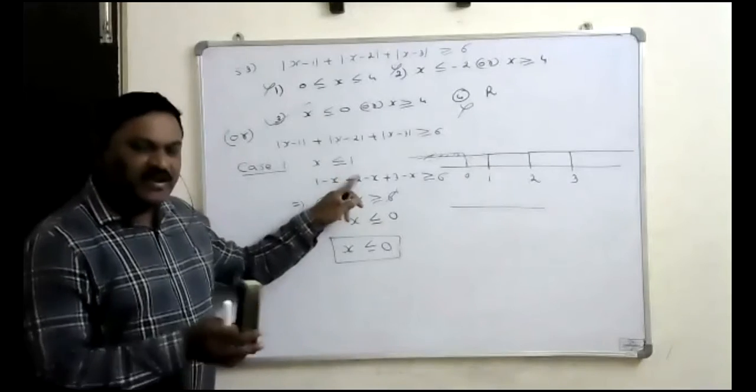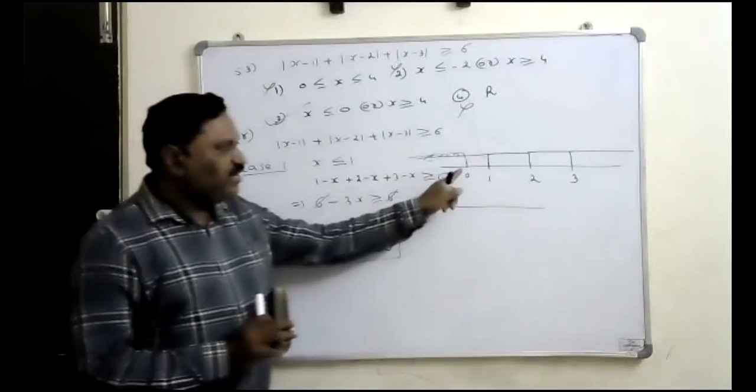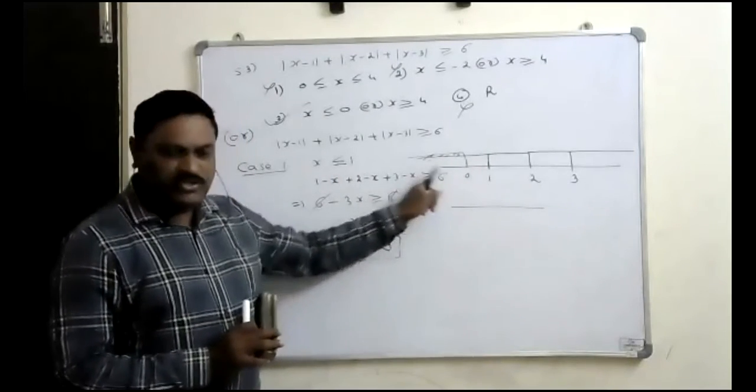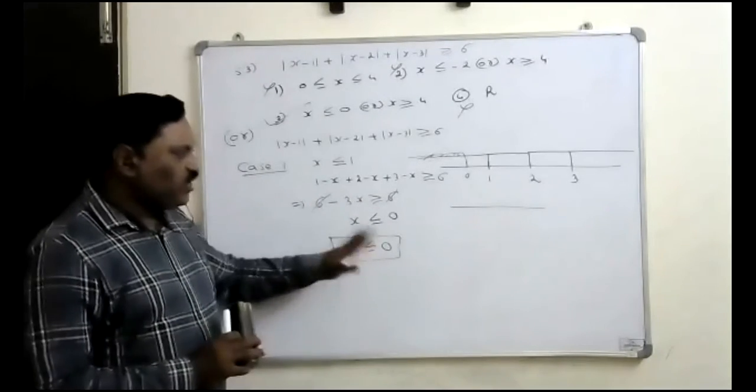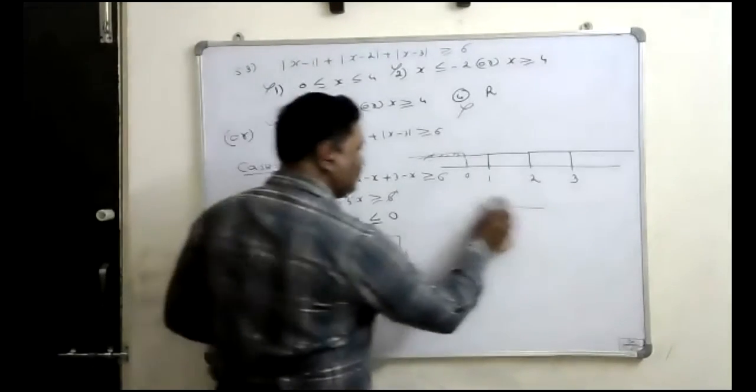The other says smaller than or equal to 1. Then the common interval is x less than or equal to 0. This is one case.